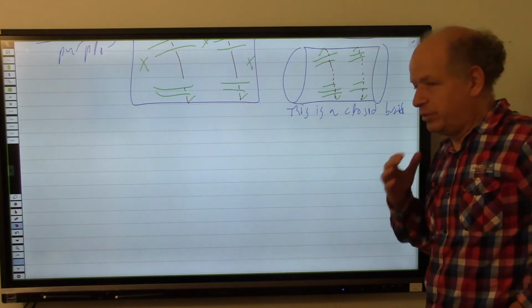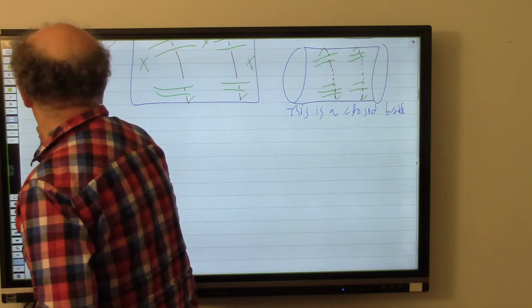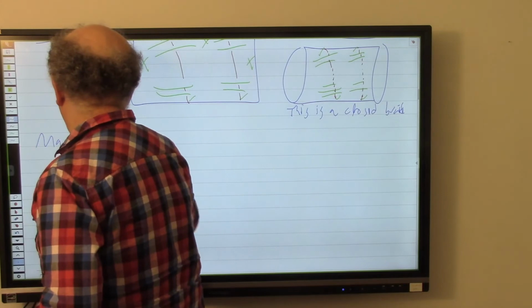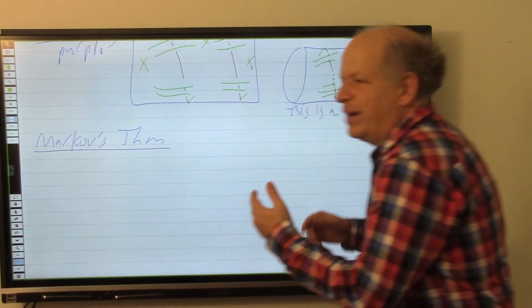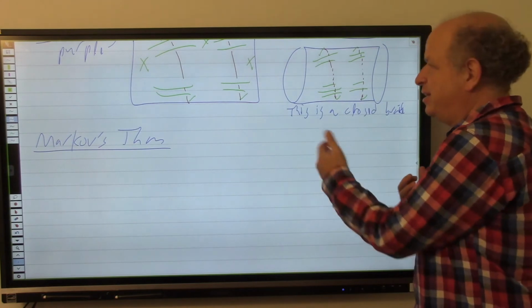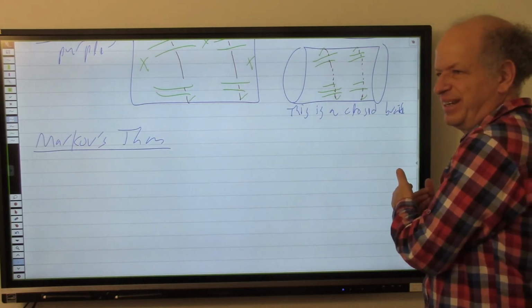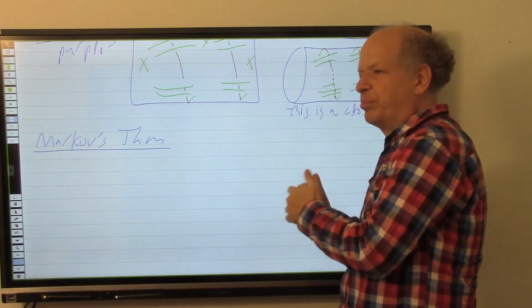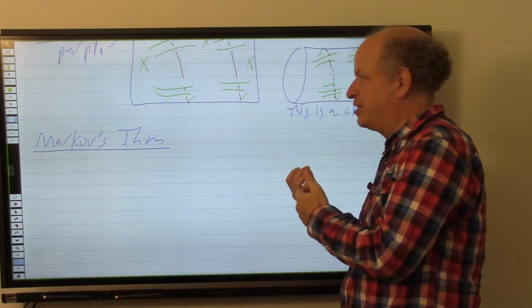Okay, good. So the next theorem is Markov's theorem. So every knot or link is in the image of this process. So you can ask yourself, when do two braids give the same knot or link?